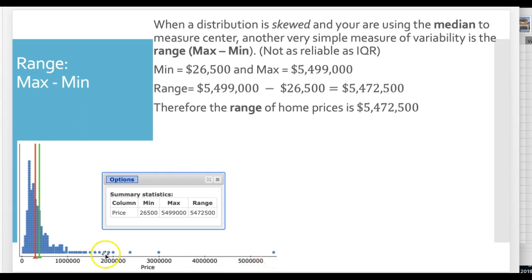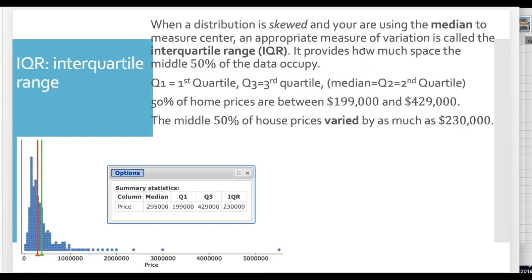This is not as reliable as the interquartile range, because it's saying that the range is from here all the way to here, but really these values don't fit, they're not consistent, kind of like outliers. This range spans 5 million, whereas the interquartile range spans 230,000.